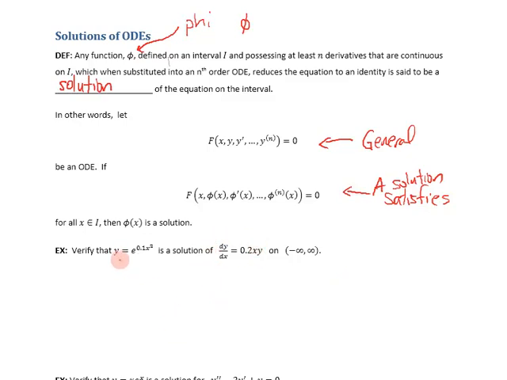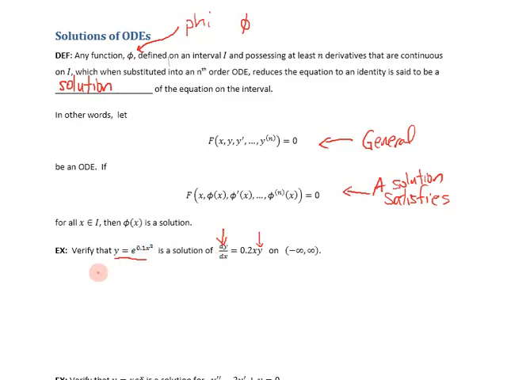So for example, let's say we have y equals e to the 0.1 x squared. We want to verify that that's a solution of dy dx equals 0.2 x y. In order to verify that, we're going to have to plug in on both sides. Now, we know what y is immediately because y is sitting right there in front of us. But we've got to know what dy dx is before we plug it in.